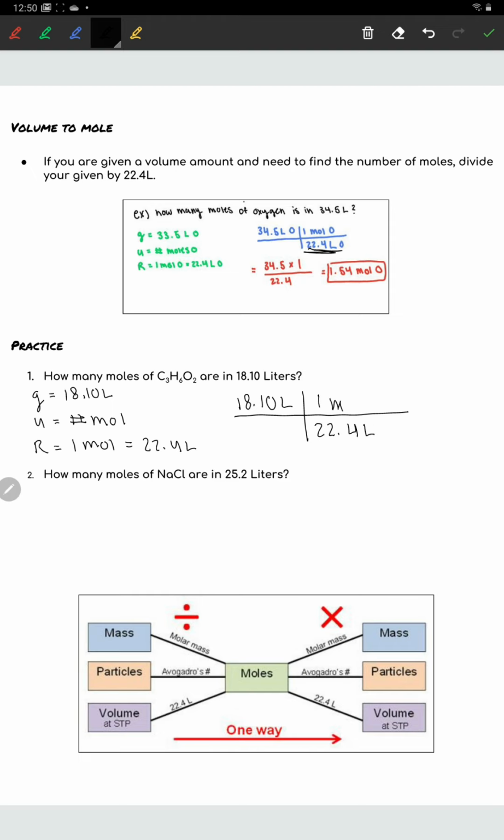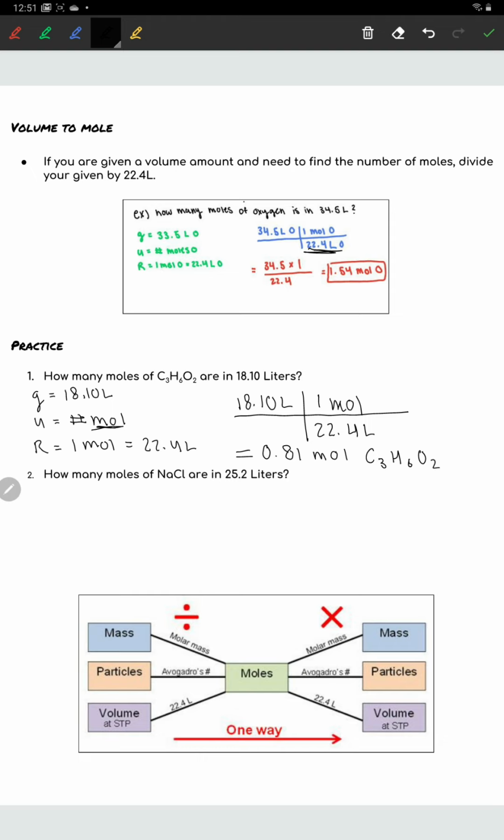And then 1 mole goes on the top, which is good because we're trying to get to mole, right. So what we're doing is we are taking our given value and dividing it now by 22.4. Try to calculate this out on your own. But what you should get is about 0.81 moles. And this is the moles of the C3H6O2.